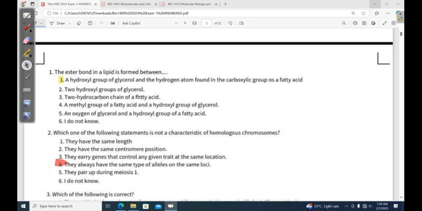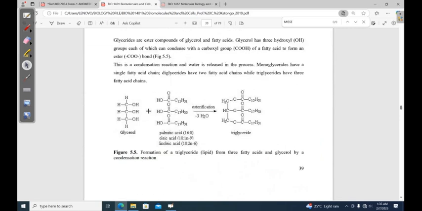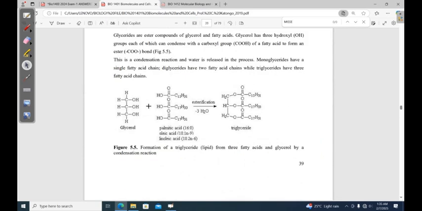6. I don't know. So for this question, I'm going to help with the pictorial image. When we look at esters, you find this hydroxyl group of the glycerol combines with the hydrogen group found on the carboxyl group.